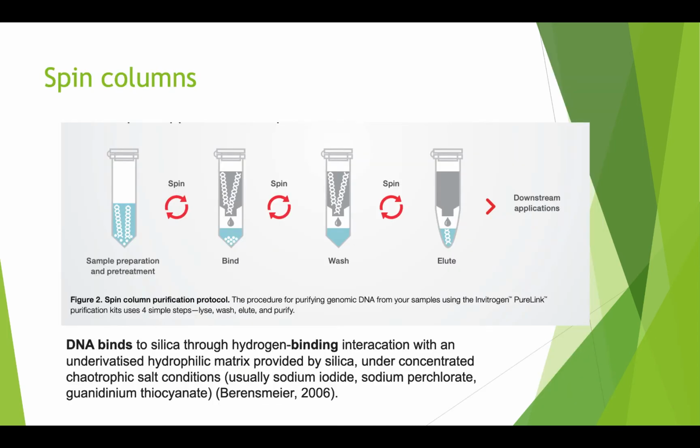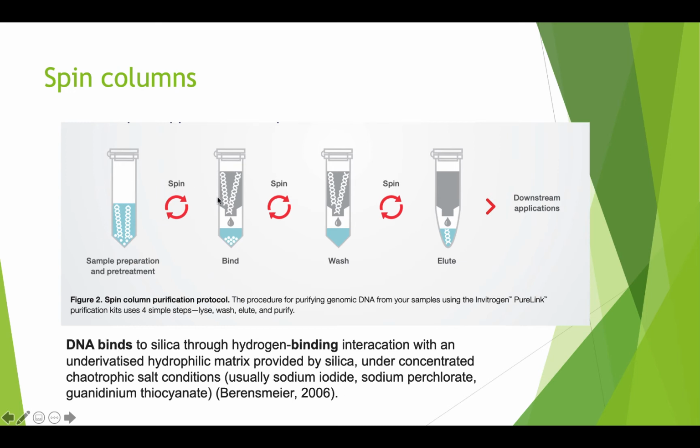They call them spin columns, or column based methods. This is the most common method currently used. Magnetic beads are now on the rise and are also used a lot now. With spin columns, you put your preparation in. You lyse with certain buffers that they provide for you or you can make yourself.